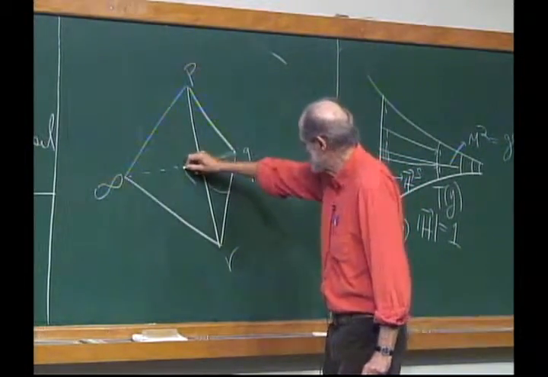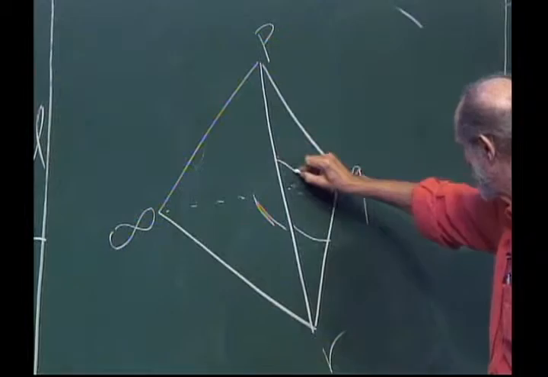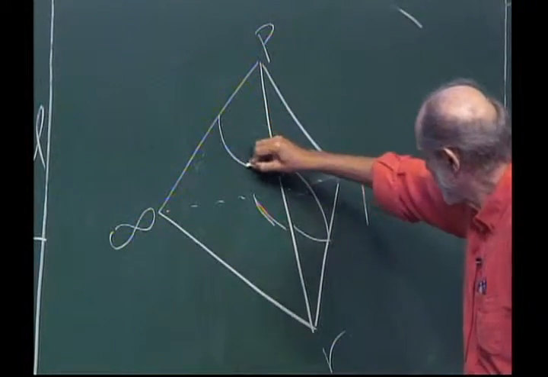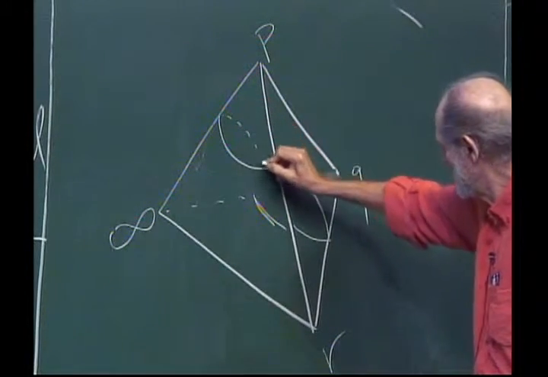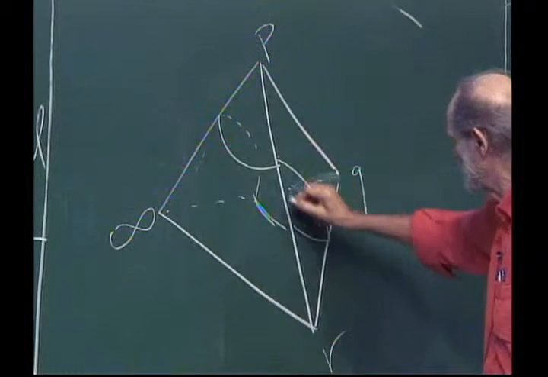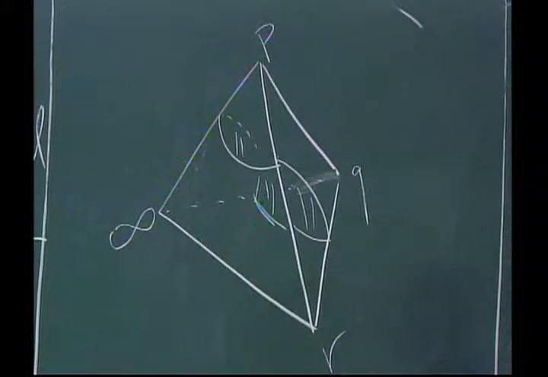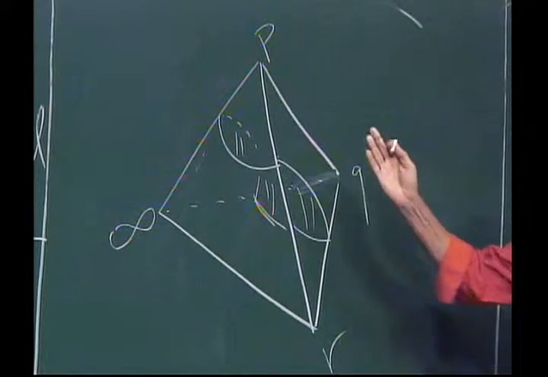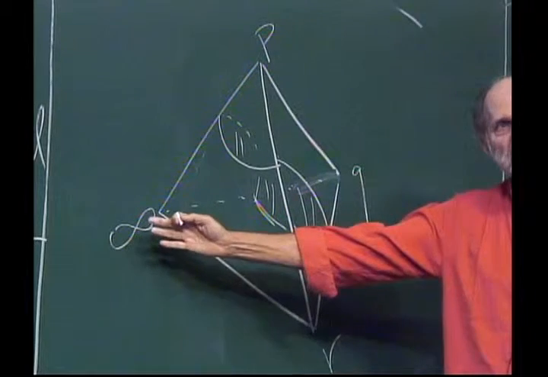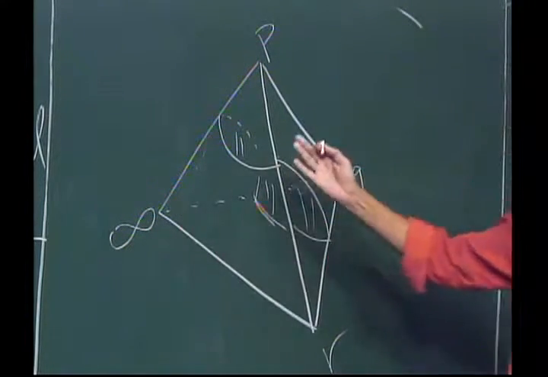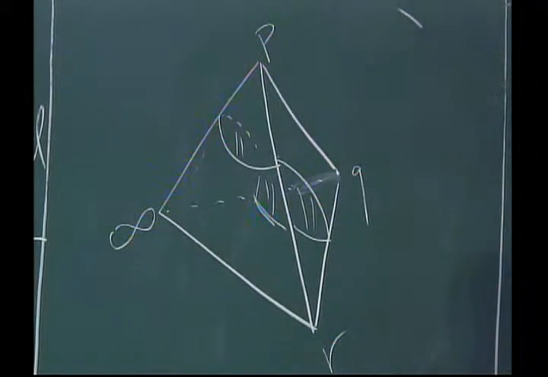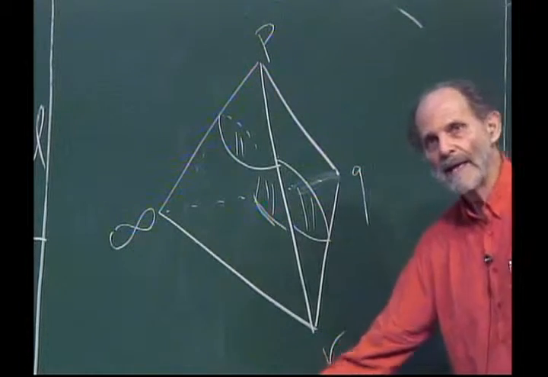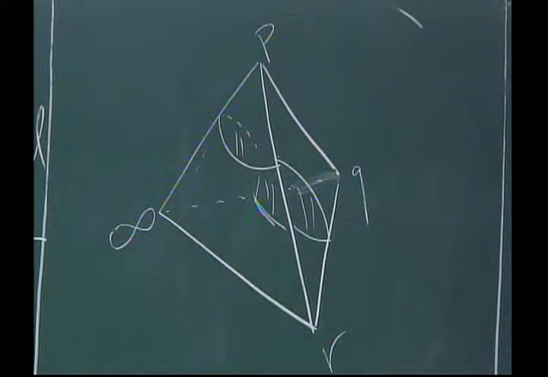So it meets this face like this, this face like this, like that. Using minimax techniques and studying why the minimax solution won't go into the cusp and disappear at infinity, one can prove this exists.